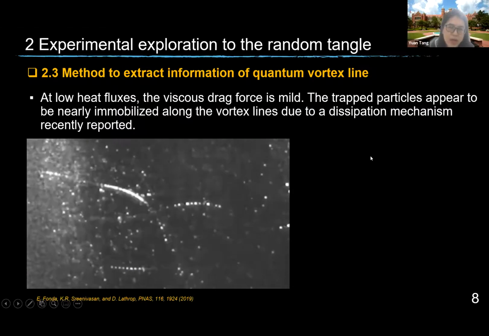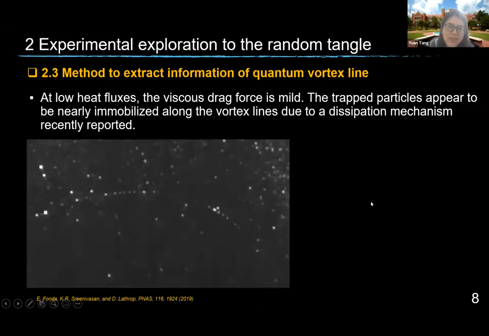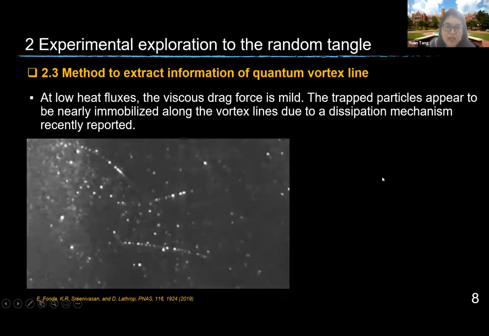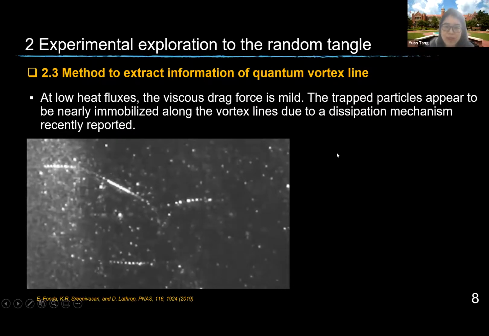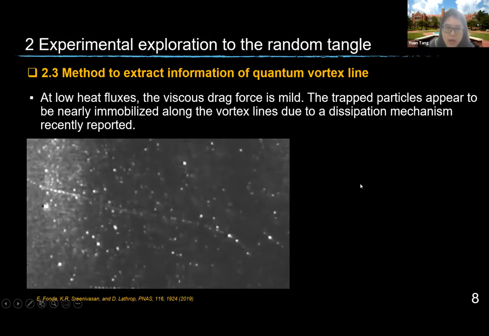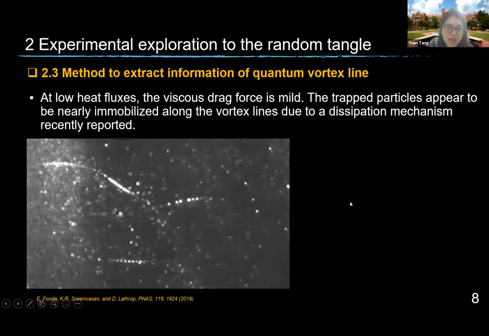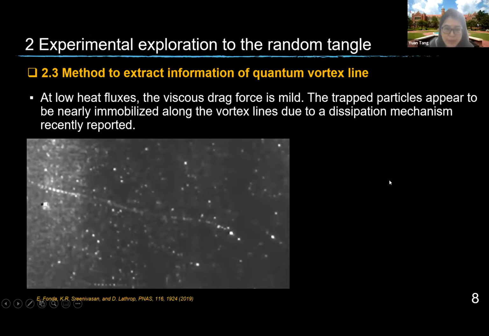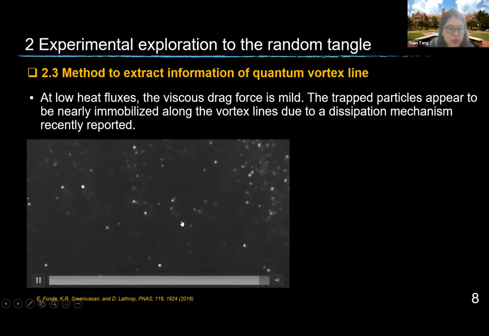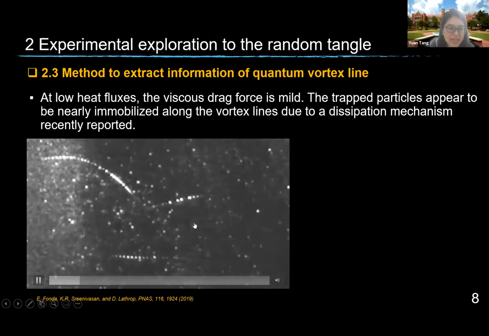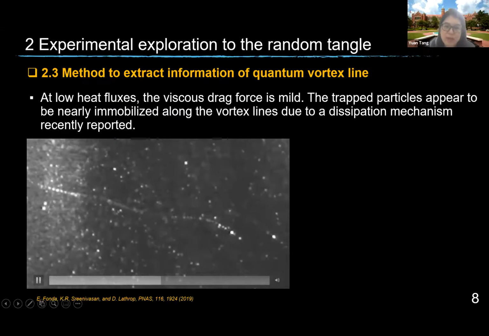In general, the trapped G1 particle may also slide along the vortex line due to the viscous drag effect from the normal fluid. However, according to the experimental observations, at low heat flux, the viscous drag force should be mild. This video shows several vortex lines taken by Fonda and his colleagues.